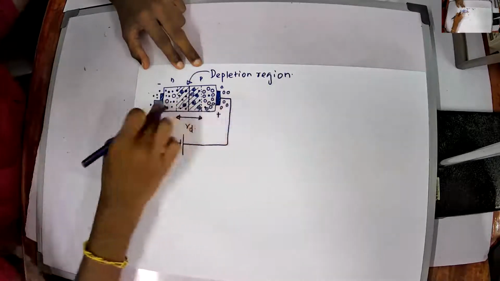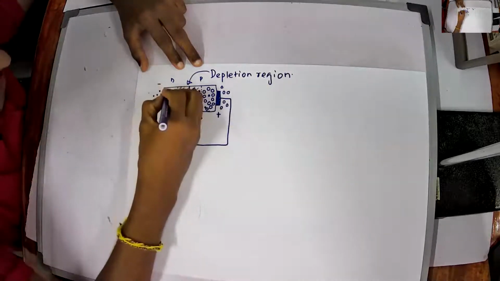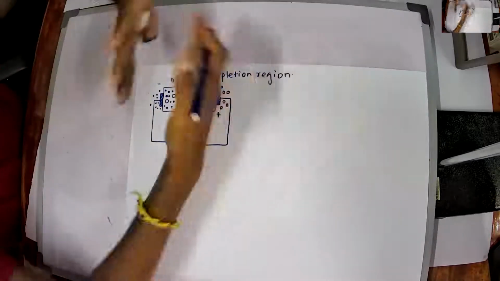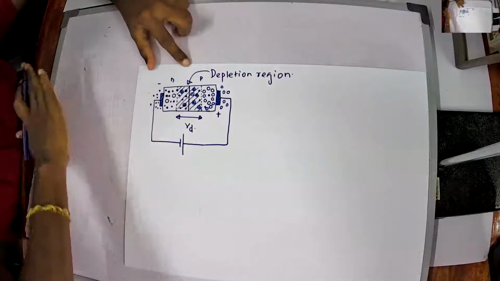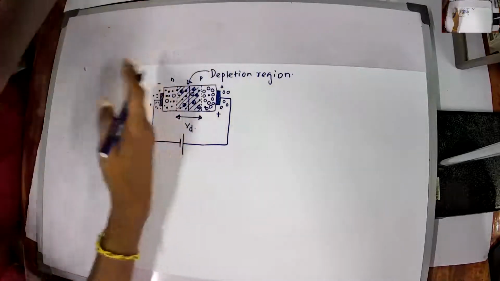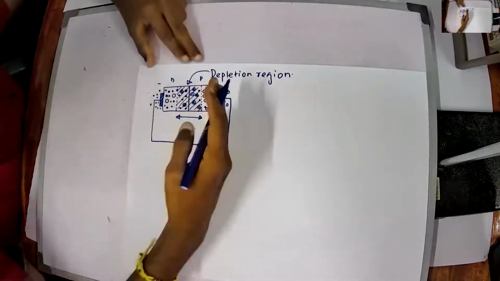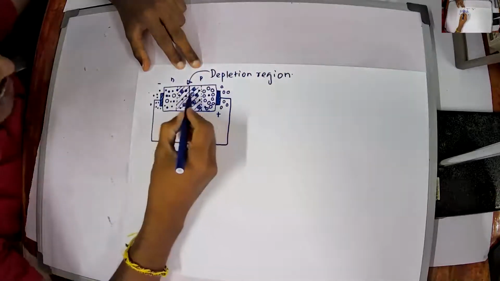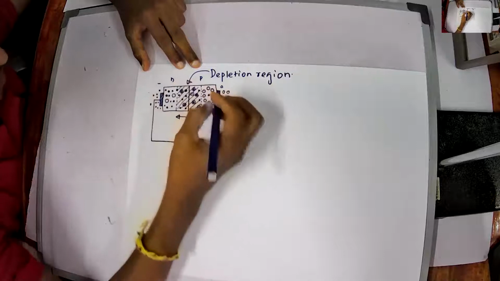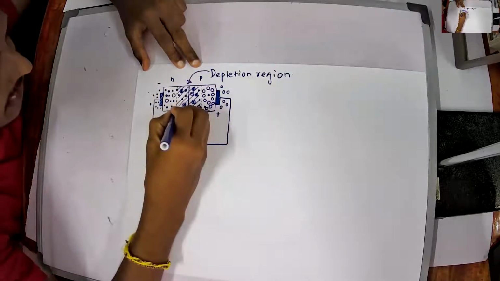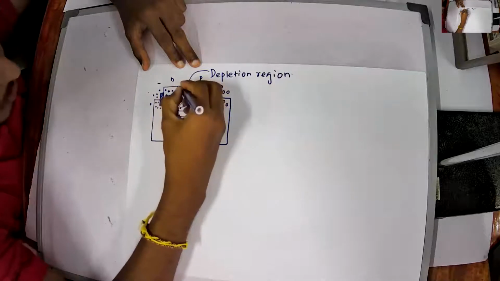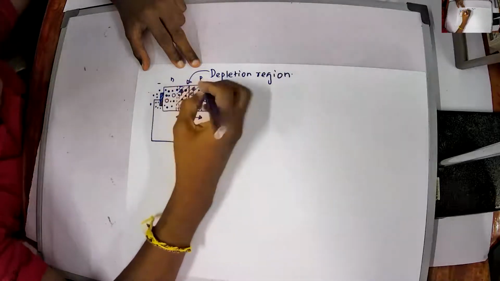Due to the accumulation of these charges, these will be actually pushing each other. The electrons will push the depletion region towards the p-type, and the holes will push the depletion region towards the n-type. Hence, I can say that the depletion region will shrink, or it will get narrower.